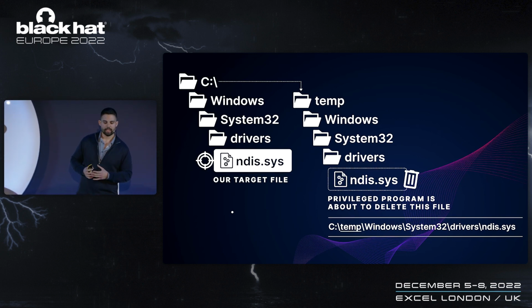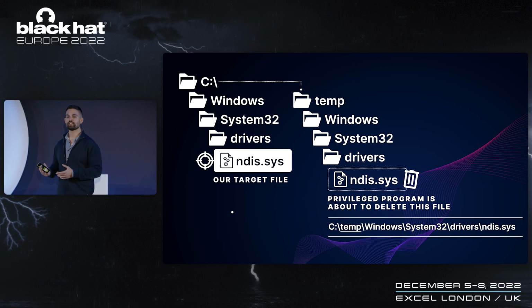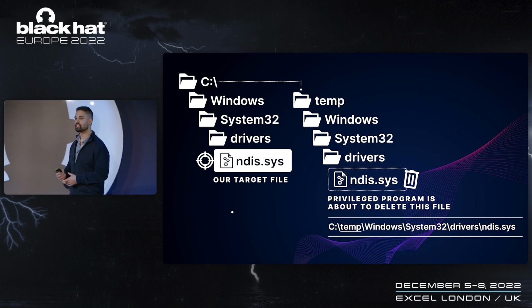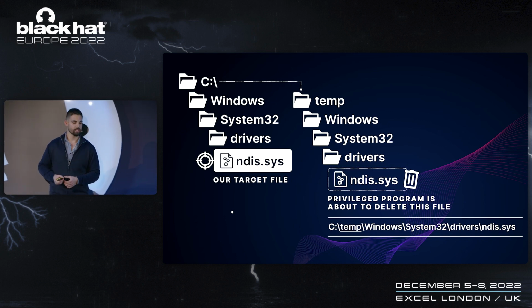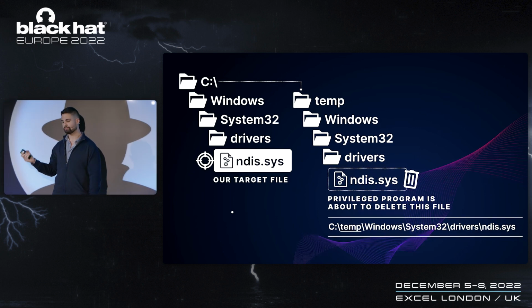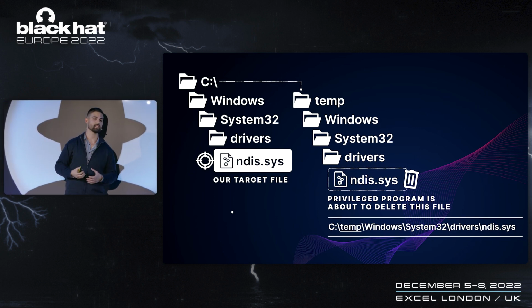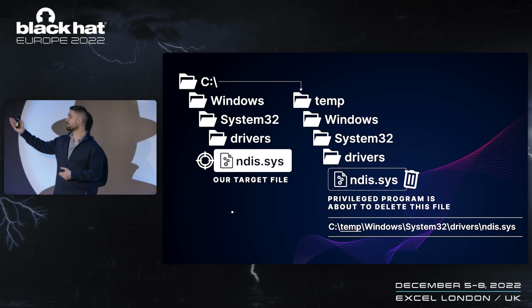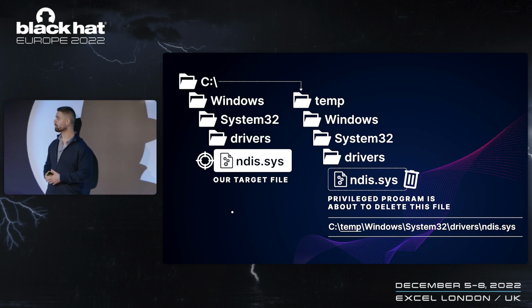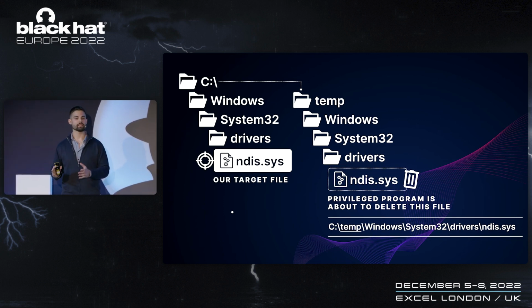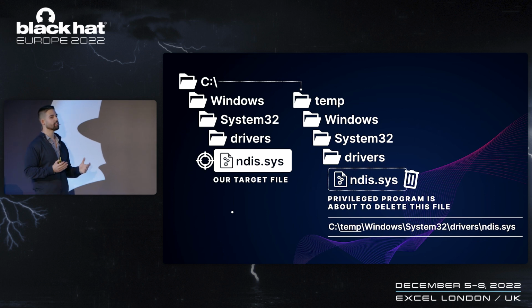So if we can create a specially crafted path, which is very, very similar to the path that we want to delete, with one main difference, that temp directory that you see there, and we created it as an unprivileged user, so it's under our control, and we just created an ndis file in the deepest folder, which is drivers.